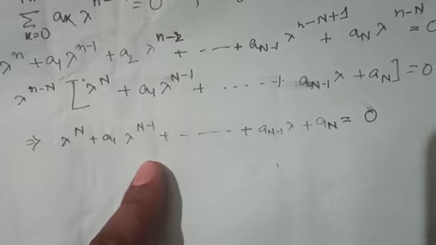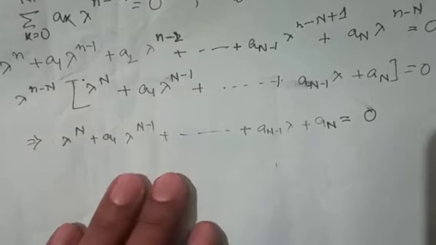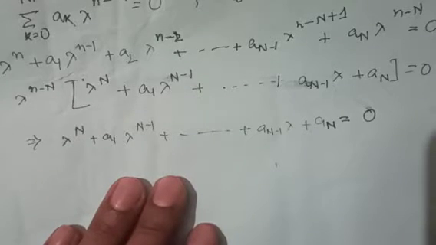Now if you look at this equation, it is a polynomial equation of order N. This polynomial equation is called the characteristic equation of the system.